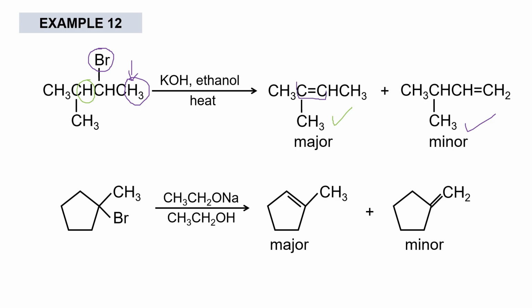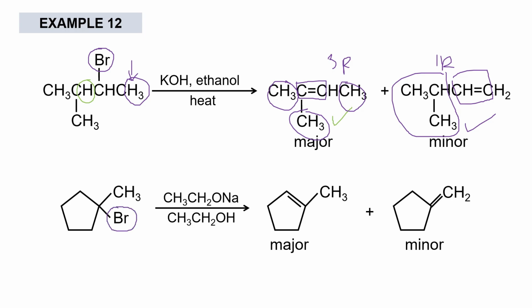In this case, compound A has 1, 2, and 3 alkyl groups, while compound B has only 1 alkyl group. For the second example, we want to remove bromine from the carbon and also hydrogen from the adjacent carbon atom.